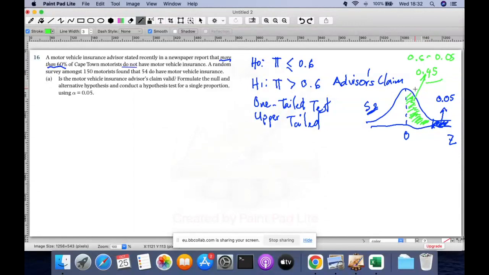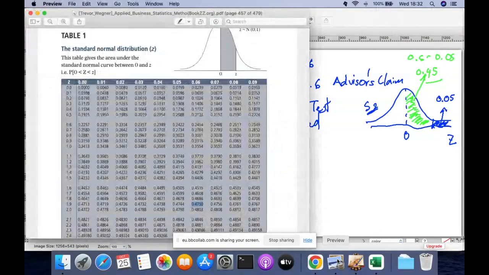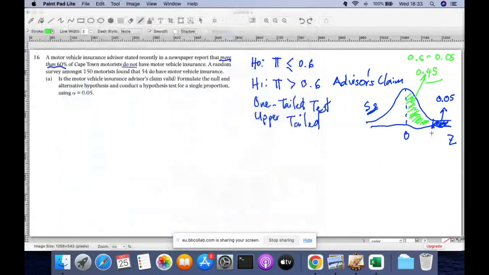So we would look in our table for the area of 0.45, which is somewhere in between these two. There isn't an exact 0.45. So the rejection region is 1.6 here, and it's actually 1.645. It's halfway between these two, but we'll just round it and make it 1.65.